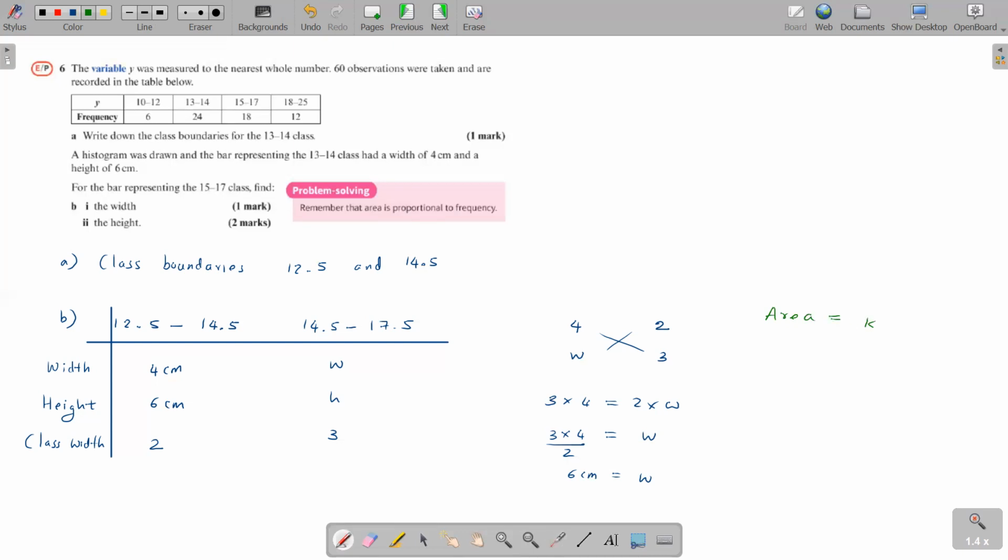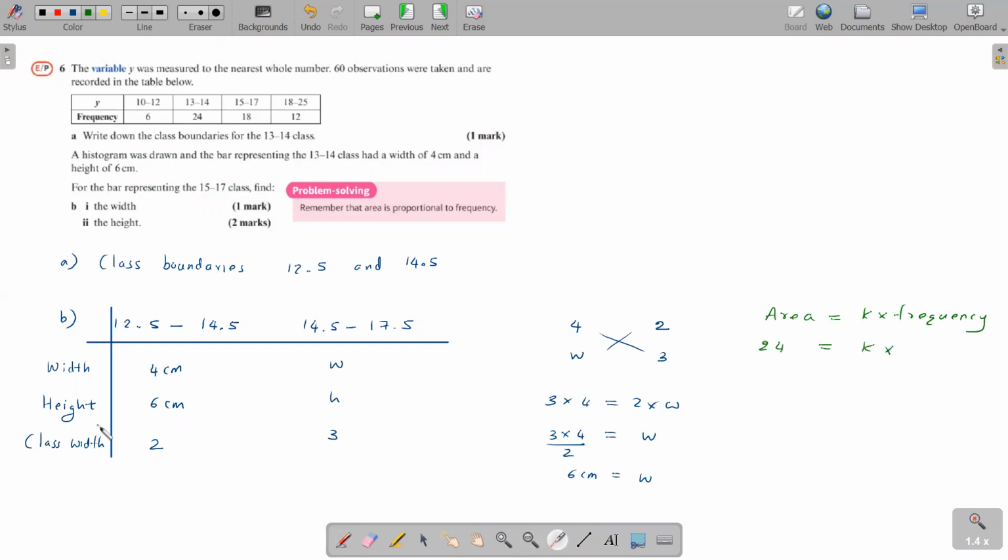Area equals k into frequency. So let's actually get the area for the 12.5 to 14.5 bar. The width and height are given, right? 4 centimeters and 6 centimeters. Multiply. 4 times 6 gives the area. Do you agree? 24 centimeters squared. k times what's the frequency?